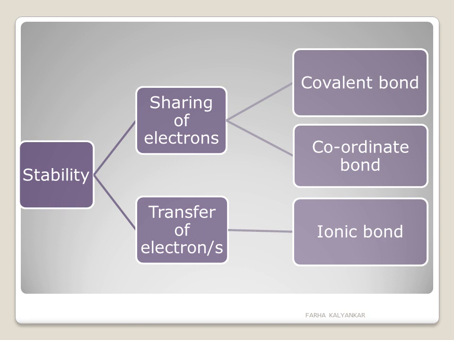Whereas when there is equal sharing of electrons, that is, both the atoms share an equal number of electrons in the bonding, the bond formed is a covalent bond. But when there is unequal sharing of electrons, that is, both the electrons of a pair are contributed by only one atom of an element, there exists coordinate bond formation.